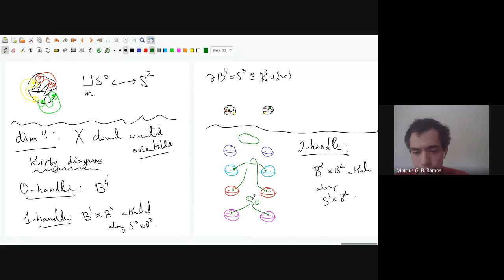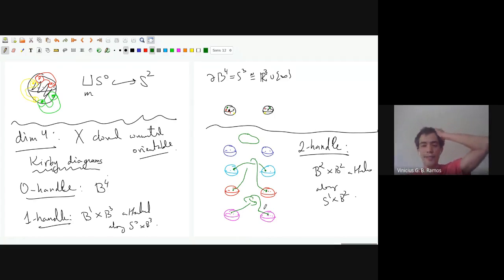Actually, this is topologically very interesting. I can draw, I don't know, a trefoil. You see that there's a lot of complexity here already.